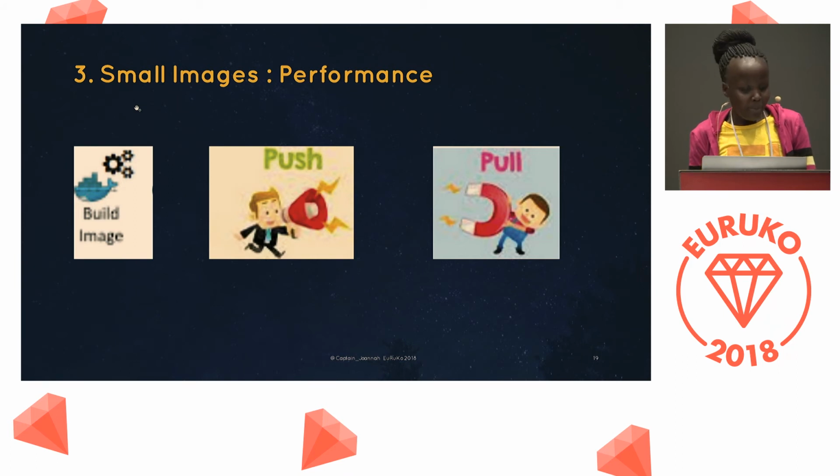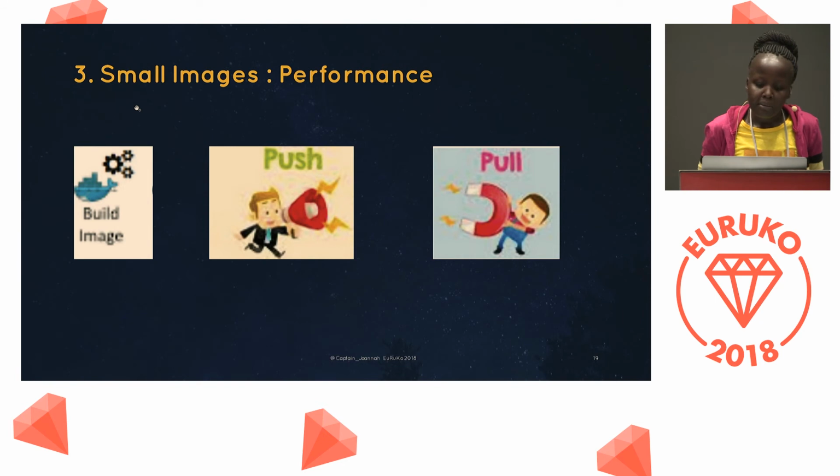So one, with performance, the first thing you need to do is build the image. And if your image is big, it will take longer. We also push our images to an image registry. You could use Docker Hub or the Google image registry. So we're pushing images and pulling images.